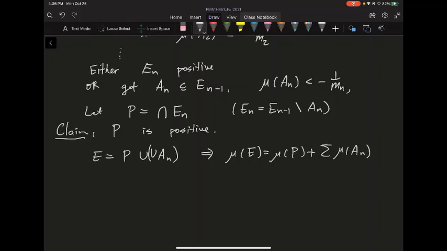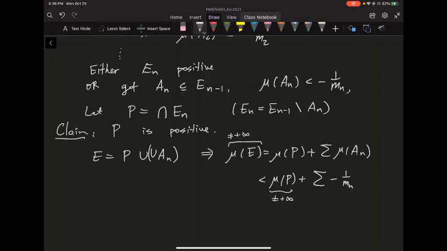But each mu of An is less than some 1 over Mn, so this is less than mu of P plus some summation of 1 over Mn. And by our choice, the mu never takes positive infinity, so this is not equal to positive infinity, and the mu of P is not equal to positive infinity.